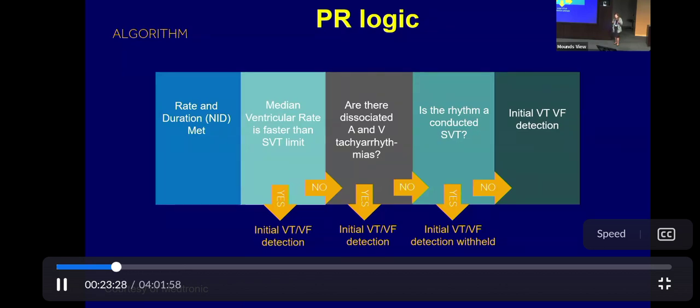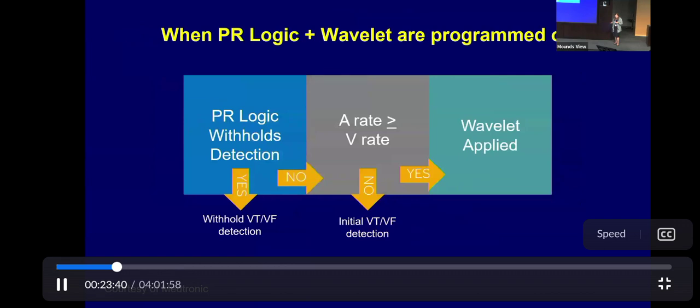If they're not dissociated, is it going to be SVT or not? It'll withhold therapy, and if it doesn't meet those criteria, then you detect. If your atrial rate is greater than the ventricular rate, that's the order, and then wavelet is applied. So wavelet is at the end of the order of the algorithm.